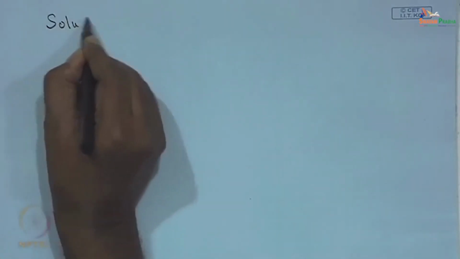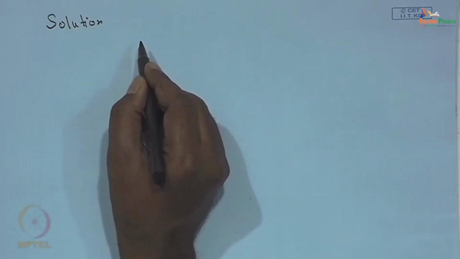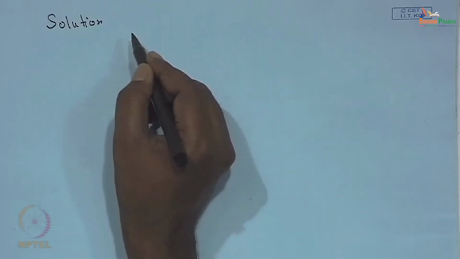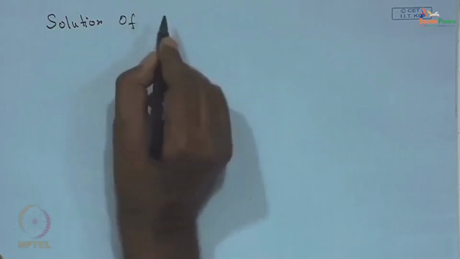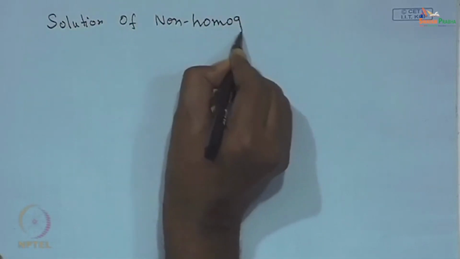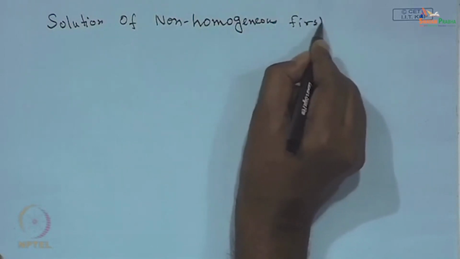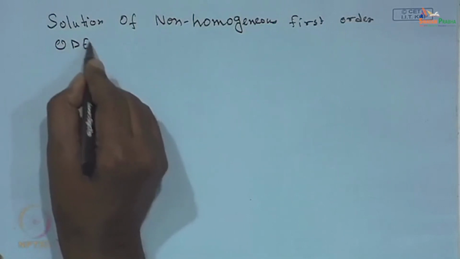Next, we talk about the solution of non-homogeneous first order ordinary differential equations. In the earlier case we solved the homogeneous ones, and in this case we will be talking about the solution of non-homogeneous first order ODEs.